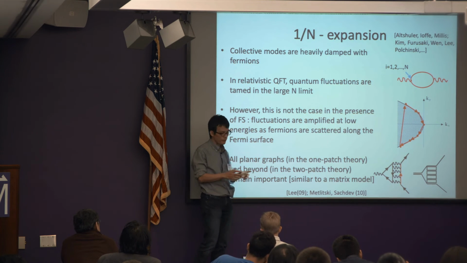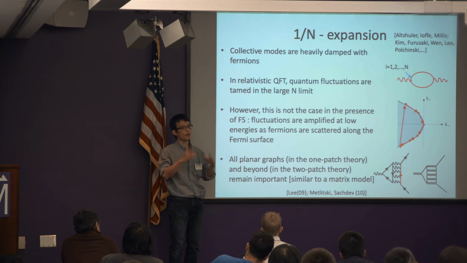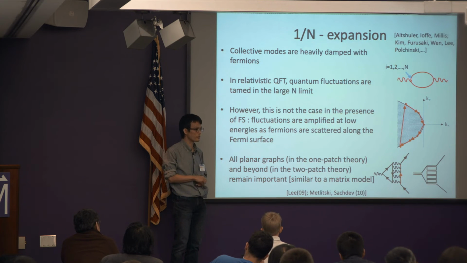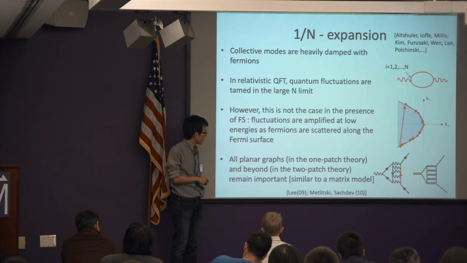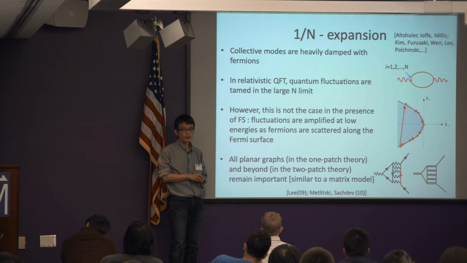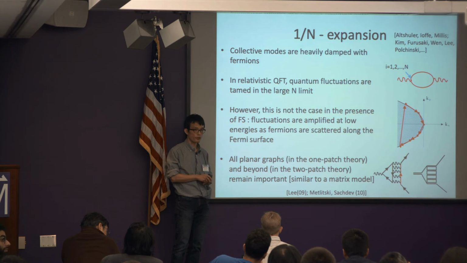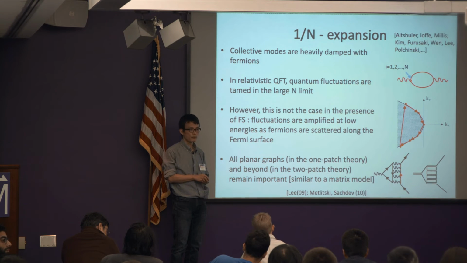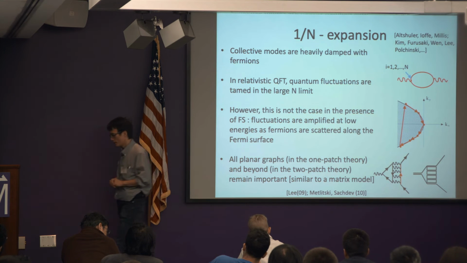And then if you have two-patch theory, there is an even larger set of diagrams that one has to include. So the large N non-Fermi liquid theory still remains an open problem. Okay, we don't know what is the nature of the theory in the large N limit.